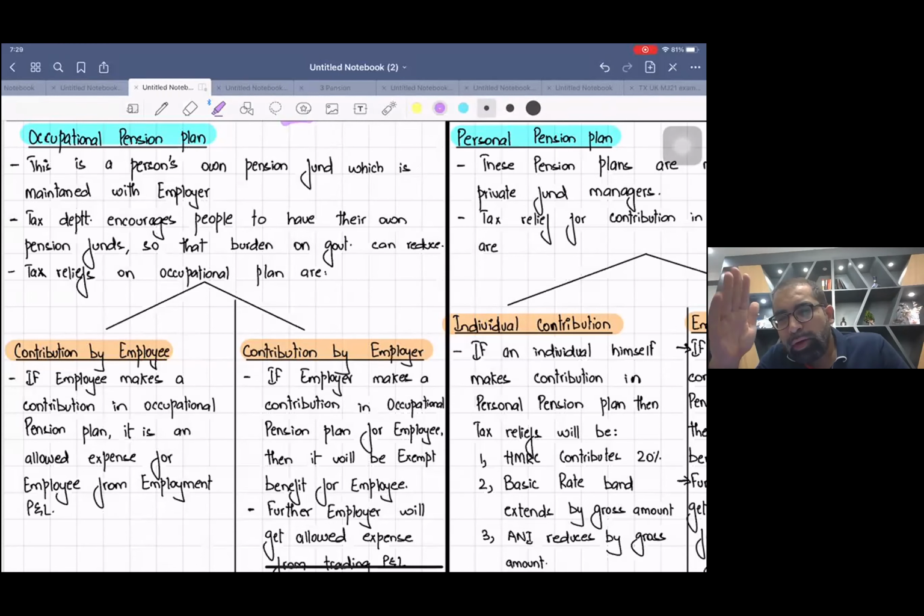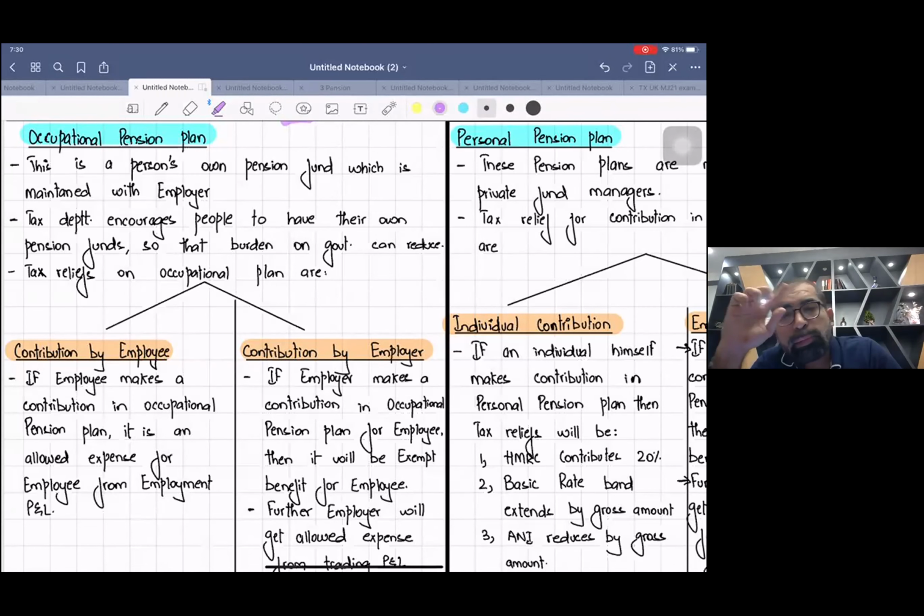But if the employer is contributing, then this will be an exempt benefit for employee. See, employer is contributing in my pension, so first of all it's going to be an exempt benefit for employee, first thing.